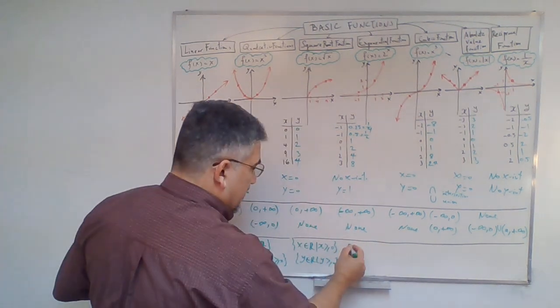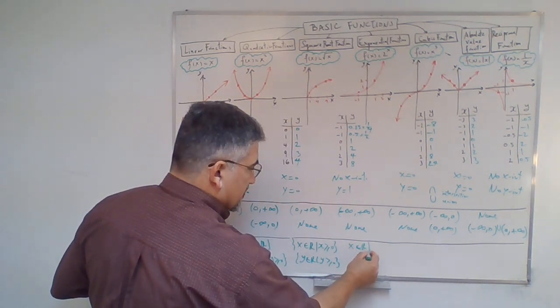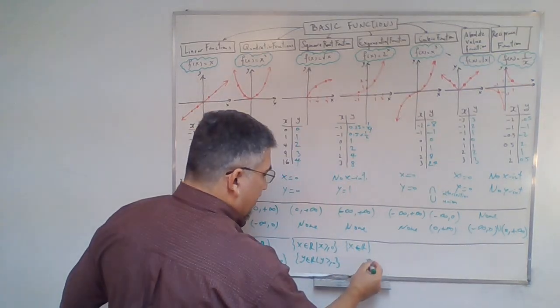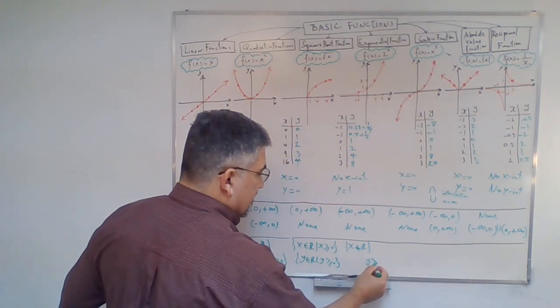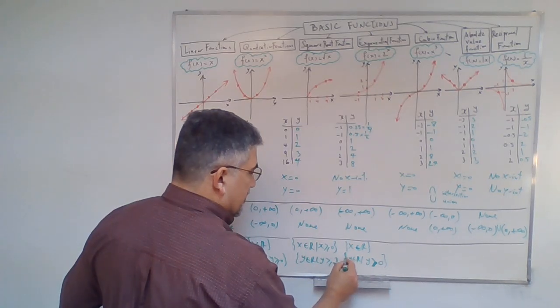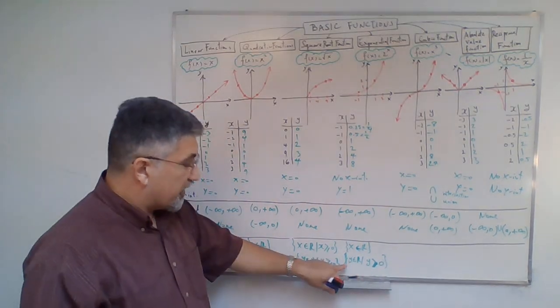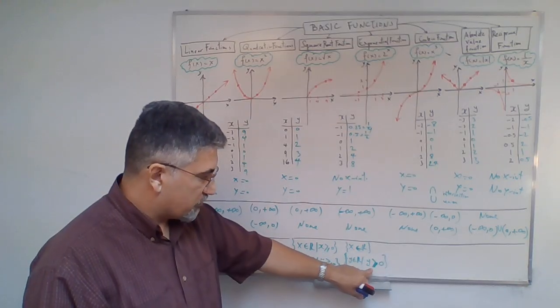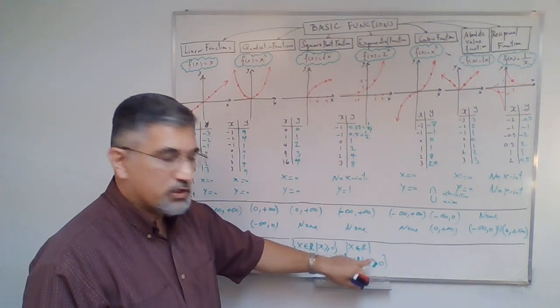For this one, x belongs to the set of real numbers. Domain is like any real number, but the y has to be greater than, and actually only strictly greater than 0. Okay, so I'm saying here y belongs to the set of real numbers such that y is greater than 0, only greater than 0.